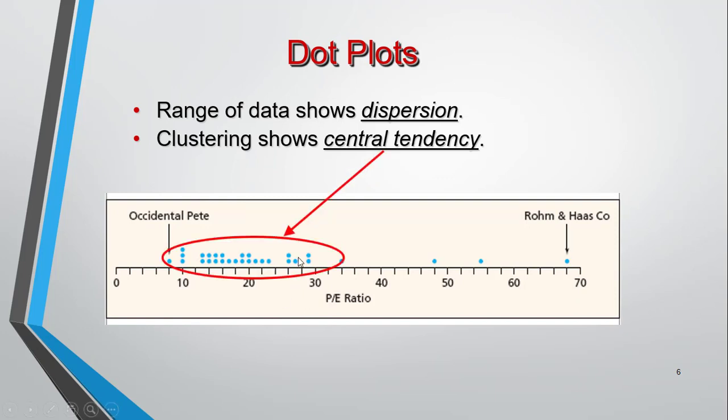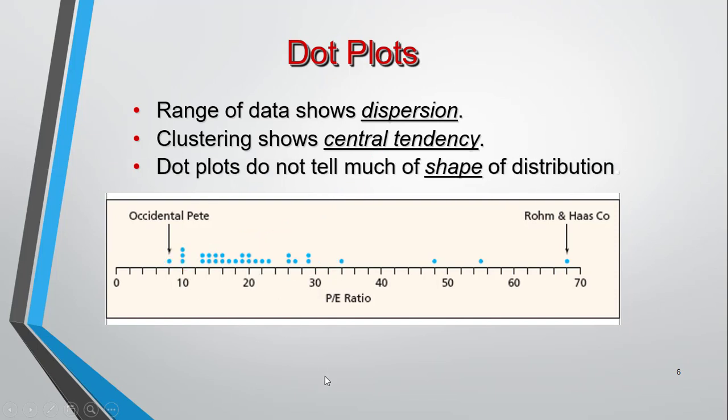Even though the P/E ratio could be as low as 8 or as high as 69, most of the P/E ratios are centered around the range of between 10 and 30, as we can see. Okay? And then dot plots do not tell much about the shape of the distribution.